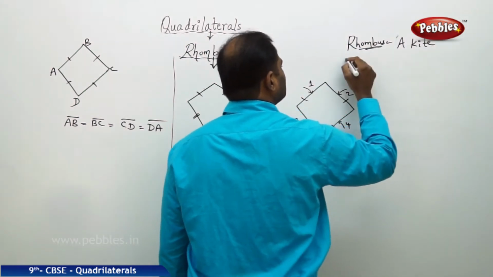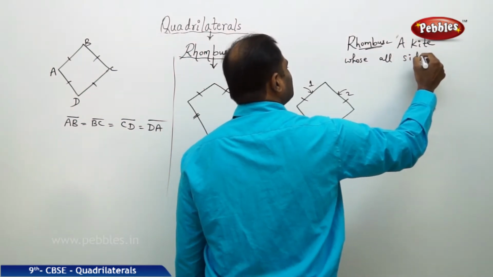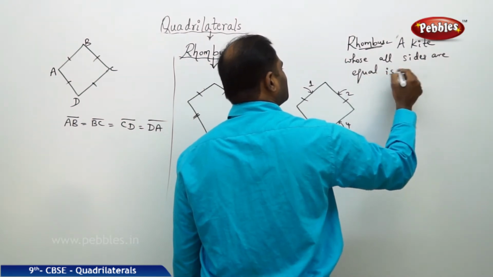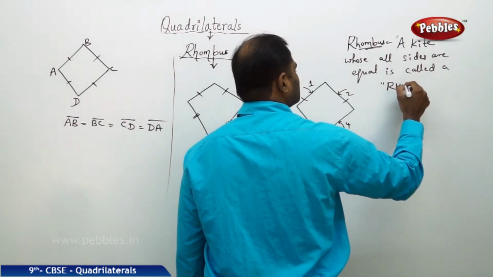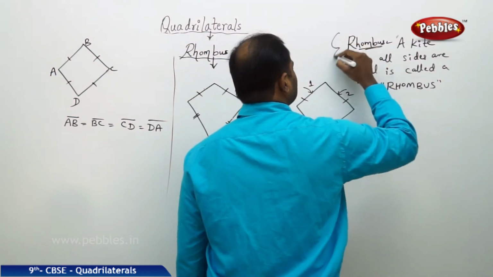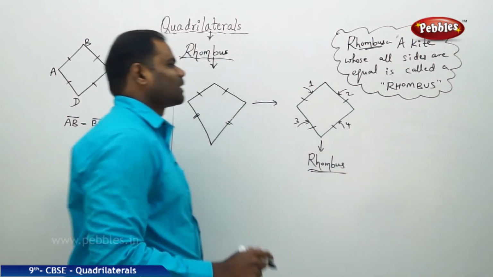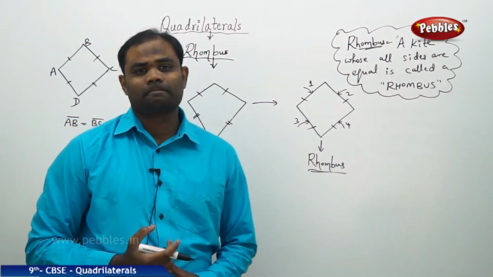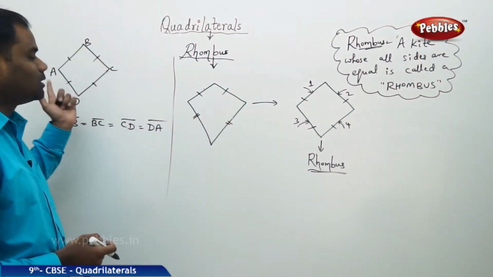A kite whose all sides are equal is called a rhombus. A kite whose all sides are equal is called a rhombus. A rhombus is a four-sided figure with all sides equal.